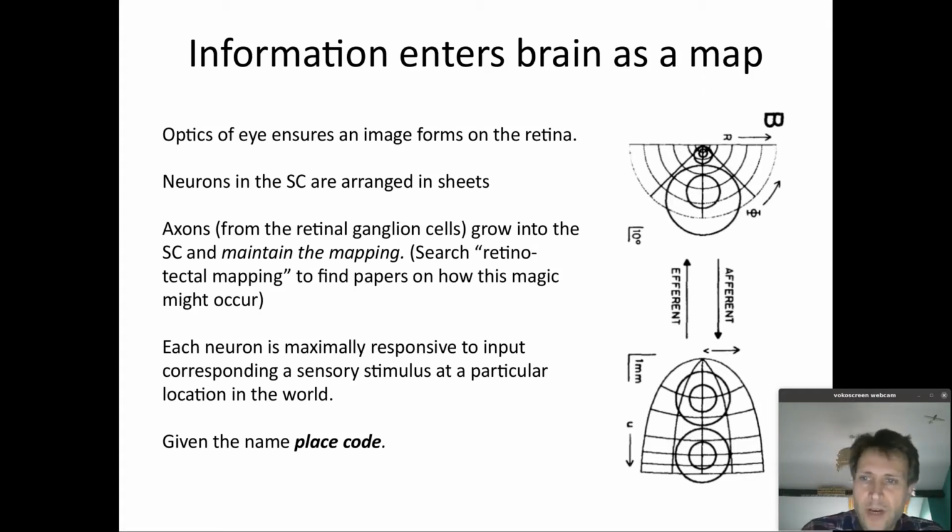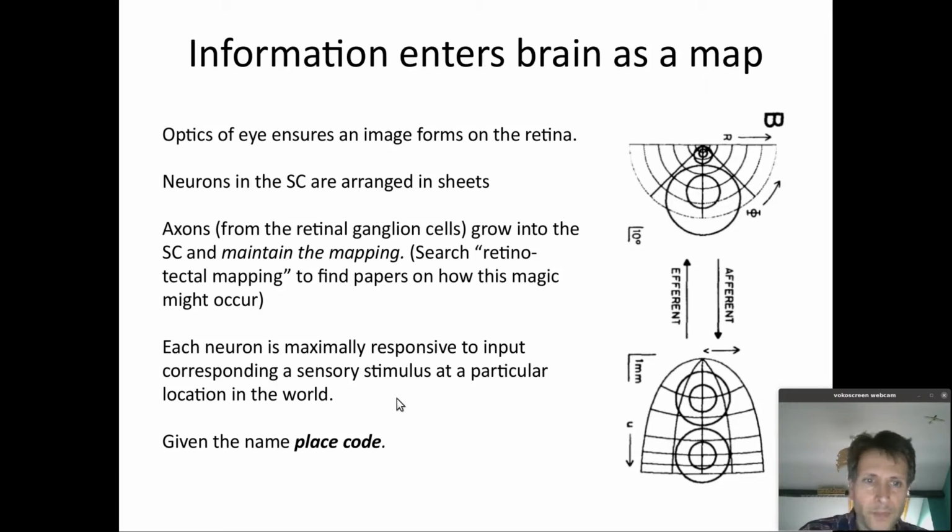You could search retinotectal mapping to find papers on this magic, and there's a huge body of work on that which goes back decades, on how the mapping is maintained. It's something that I'm interested in as well, but that's not the subject of today's lecture.